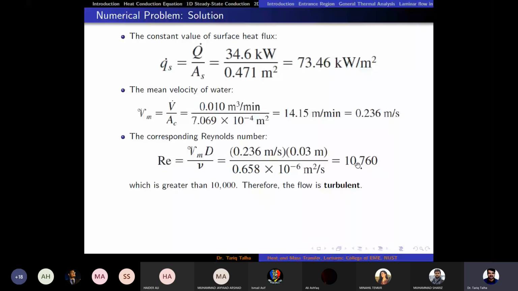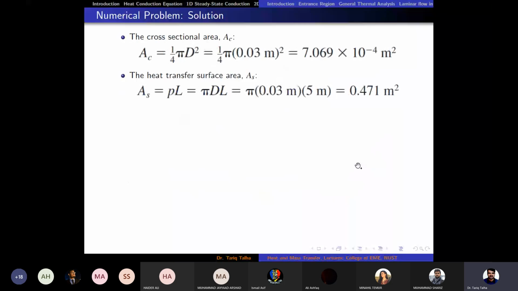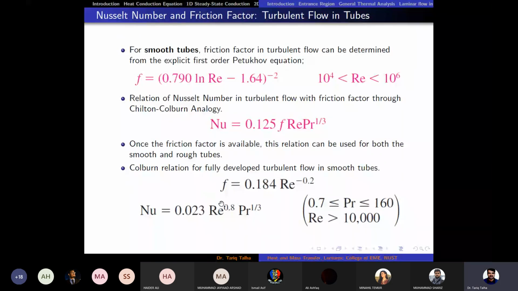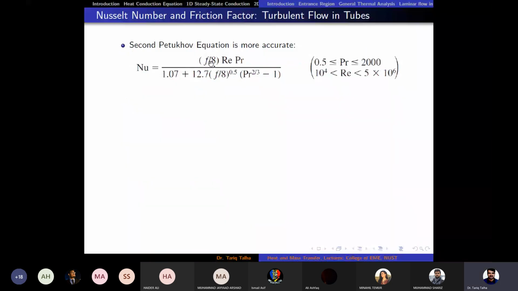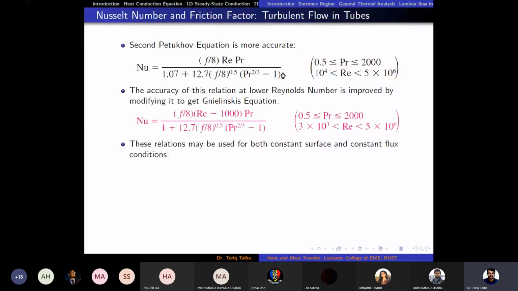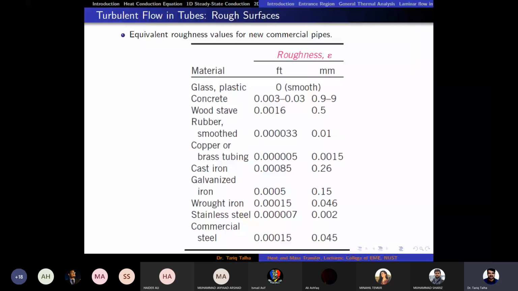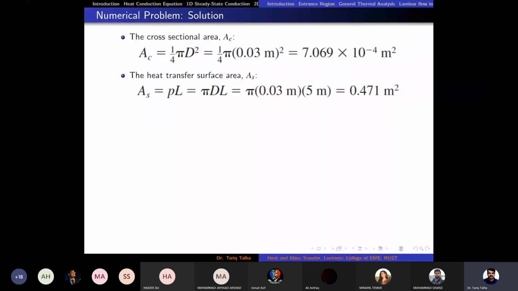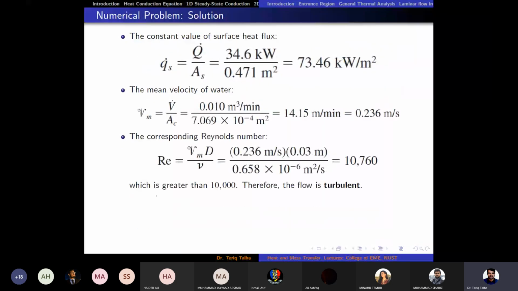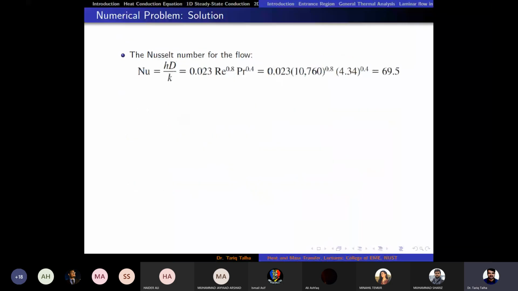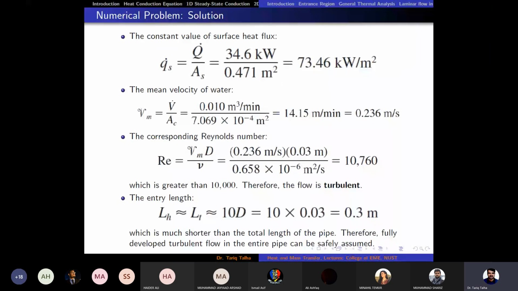So now we have a couple of choices. Either we can use this formula, 0.023 Reynolds number to the power this, or we can use this second formula, because both are applicable. If you want to be more accurate, then of course we need to use the second one. But before doing that, we need to calculate the entry length, which is 10 diameter. So 0.3 meter is quite a bit less than the total length of the tube, which is 5 meters.